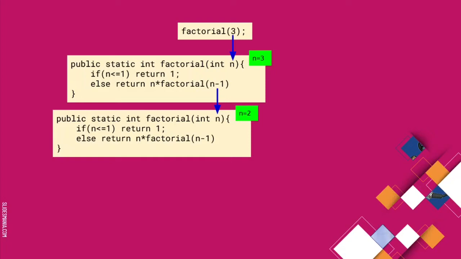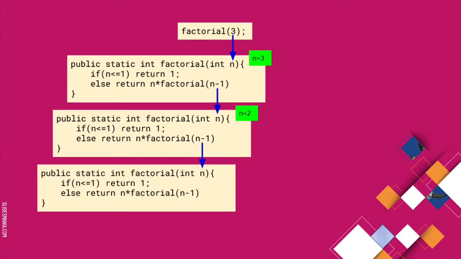Since 2 is still not less than or equal to 1, it is going to execute the else statement, which will again return n multiplied by factorial n minus 1. So another version of the function is called, but this time the value of n is 1.